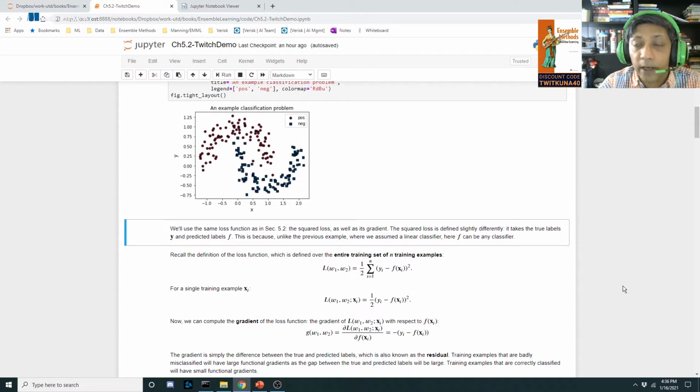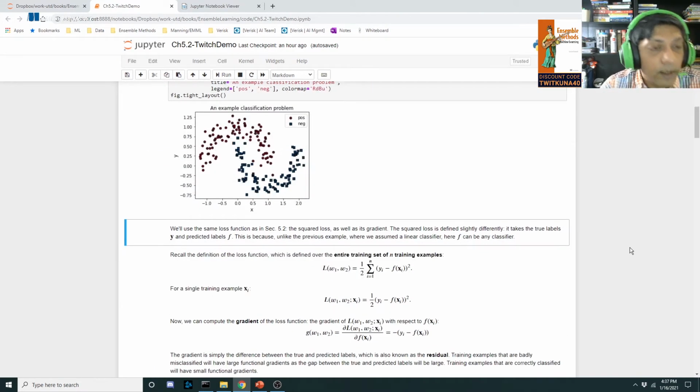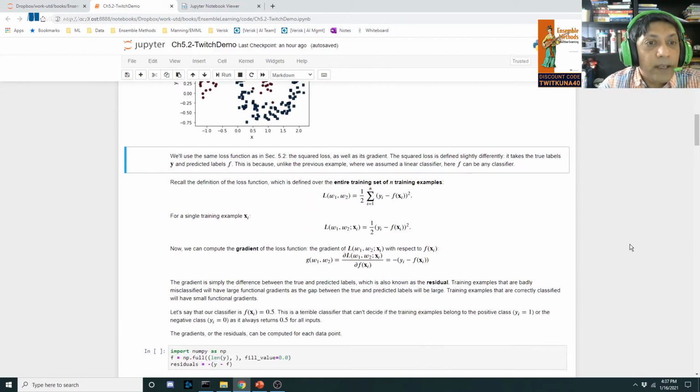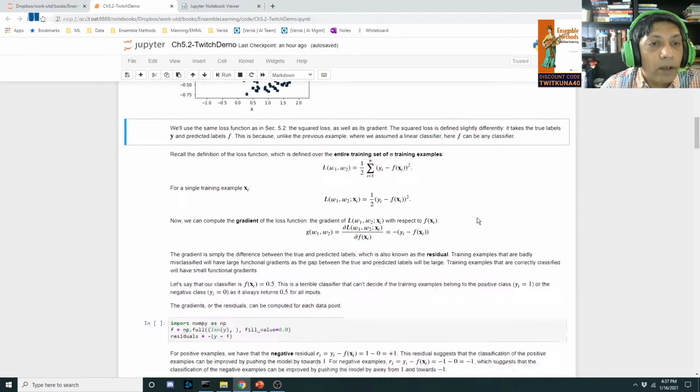So we're going to use the squared loss, mostly because it is easy to differentiate, compute its gradient, and implement. That's why we choose this particular example. So what does the squared loss look like?